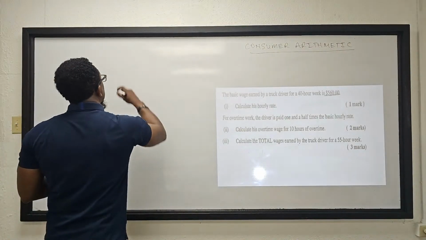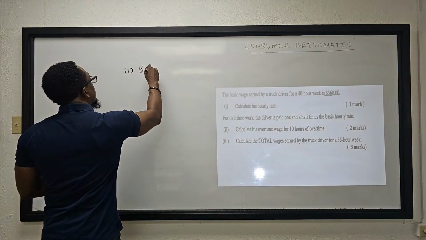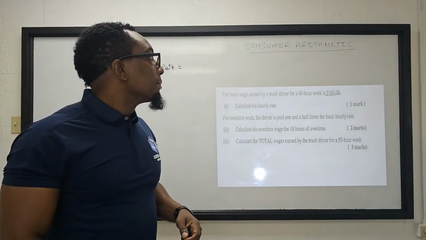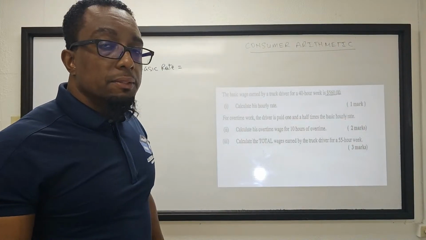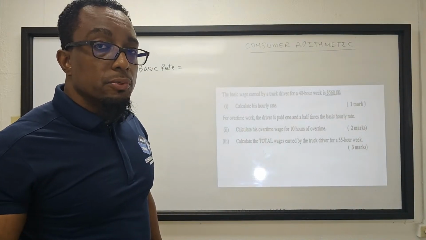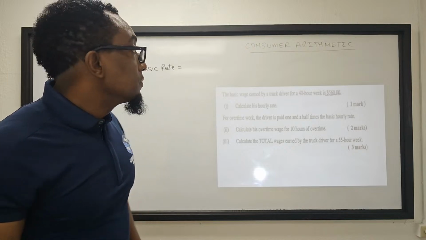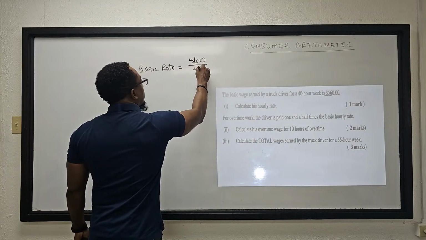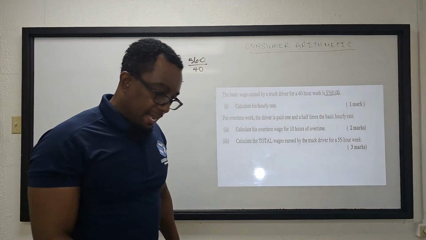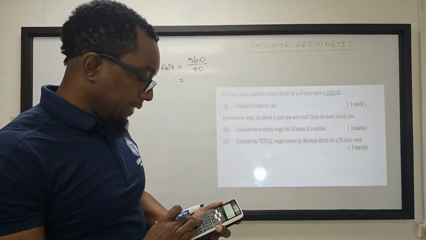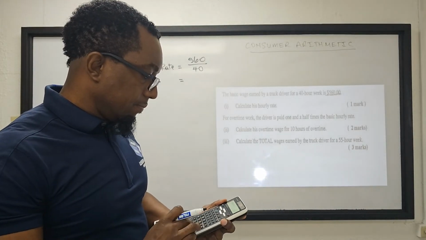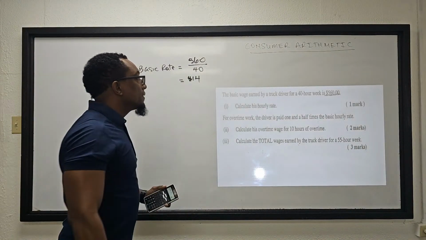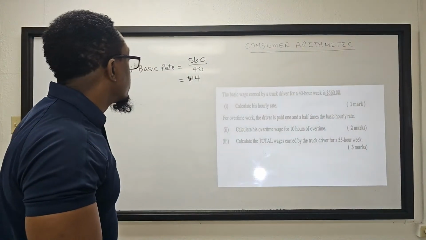So his hourly rate or basic rate will be to divide his basic wage by the number of hours he worked for the week, which is known as his basic week. So it's going to be $560 divided by 40. And when we divide 560 by 40, we're going to get $14. So that's his hourly rate, his basic rate.